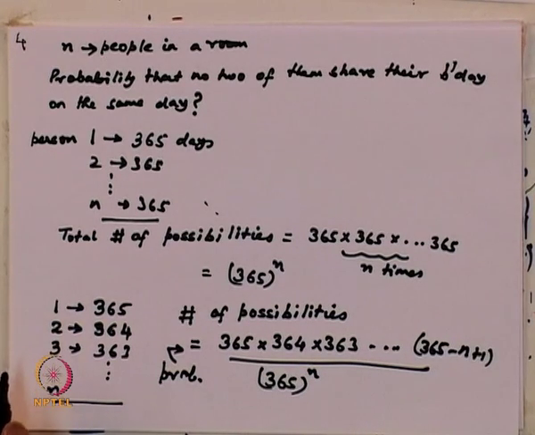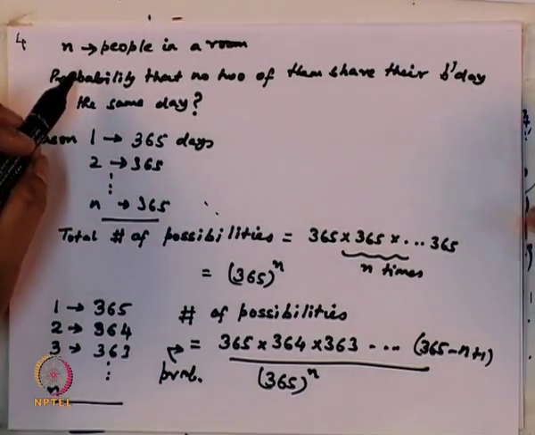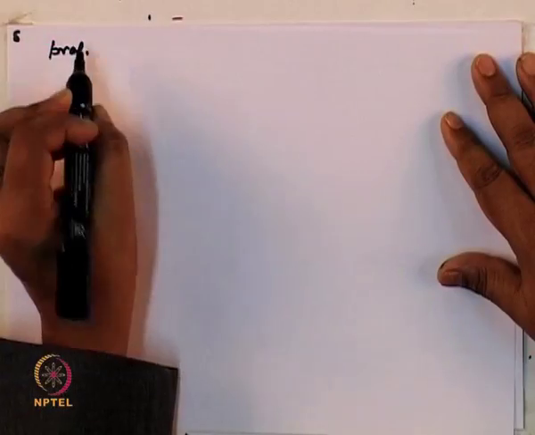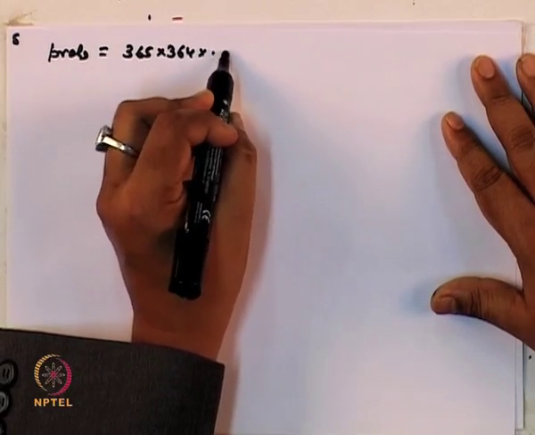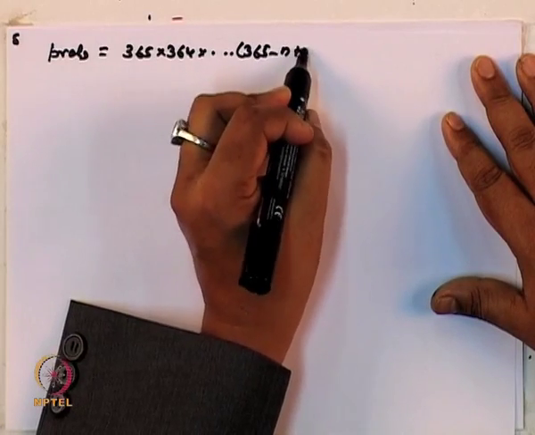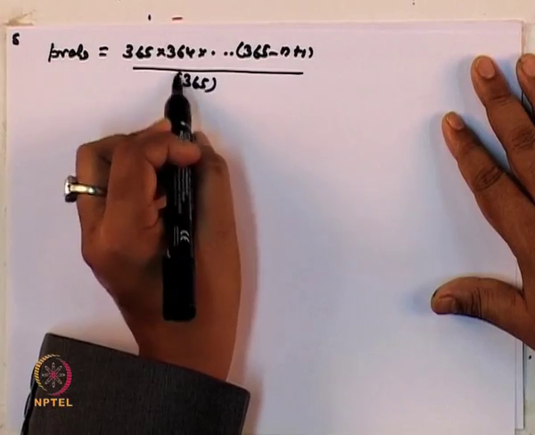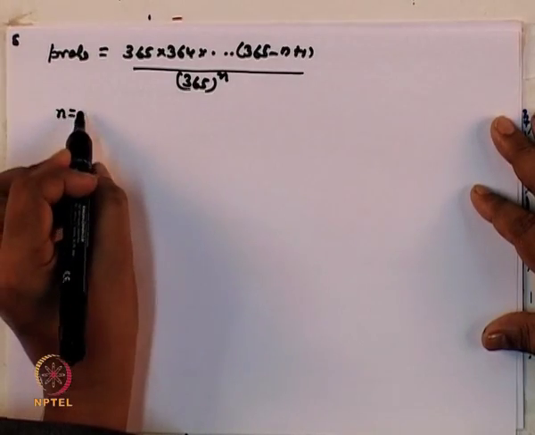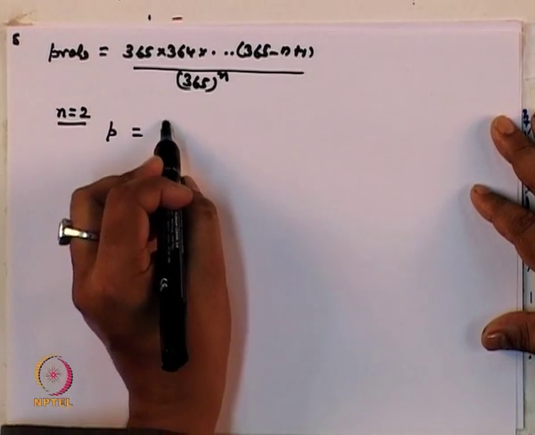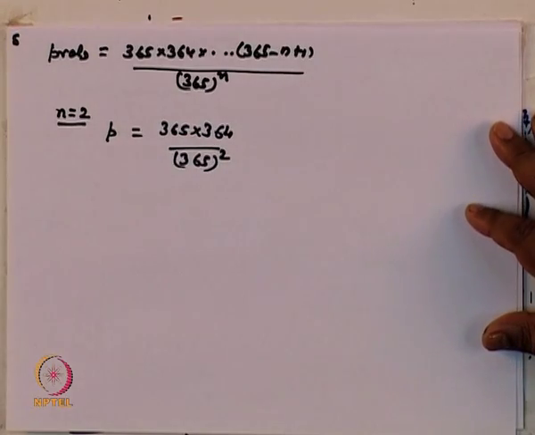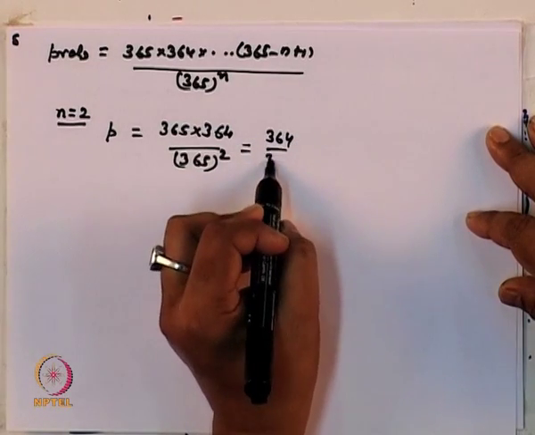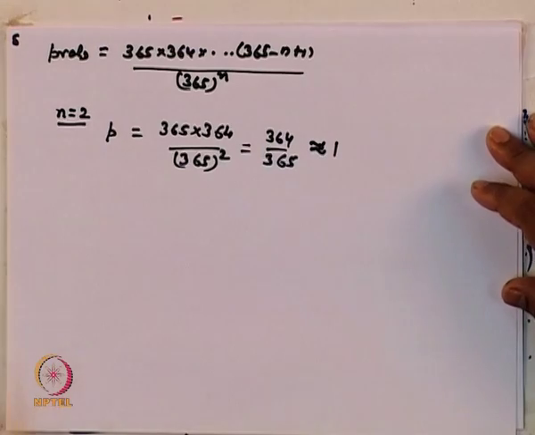Okay. So, as you can see, if there were n equal to 2 people, my probability is given by 365 into 364 divided by 365 squared, which is equal to 364 by 365, which is almost close to 1, right.